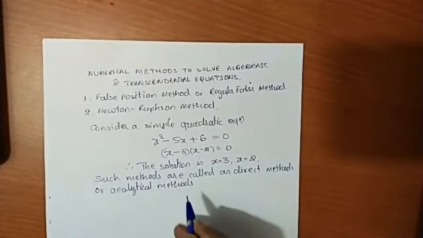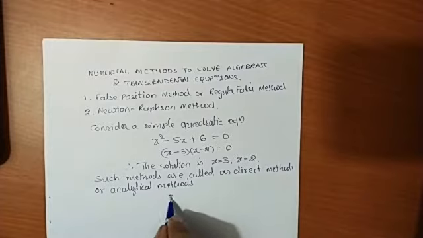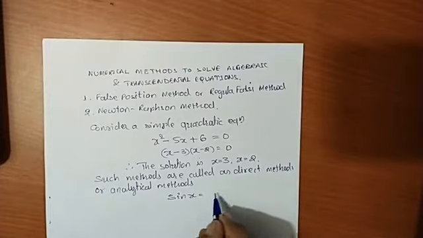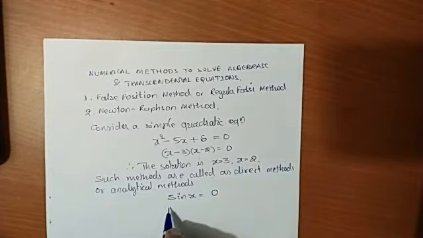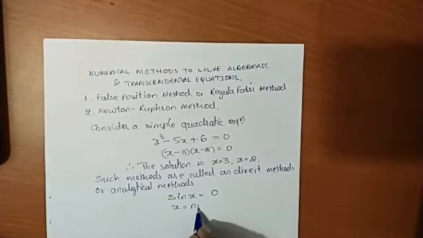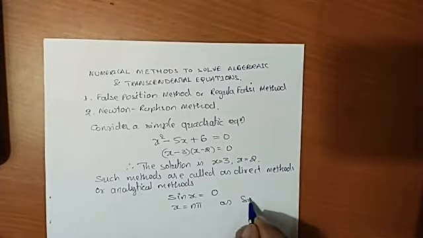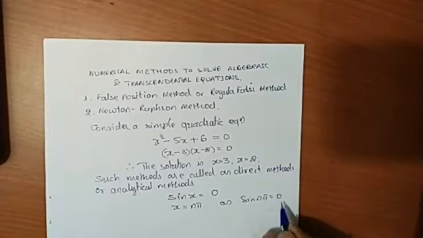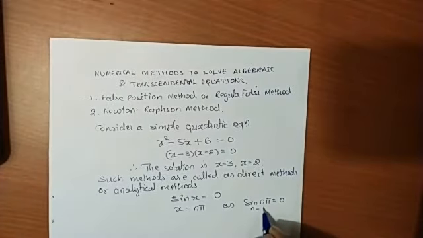Take another simple equation, say sine x is equal to 0. This gives me the solution x is equal to n pi, as sine n pi is equal to 0, n is equal to 0, 1, 2, and so on.